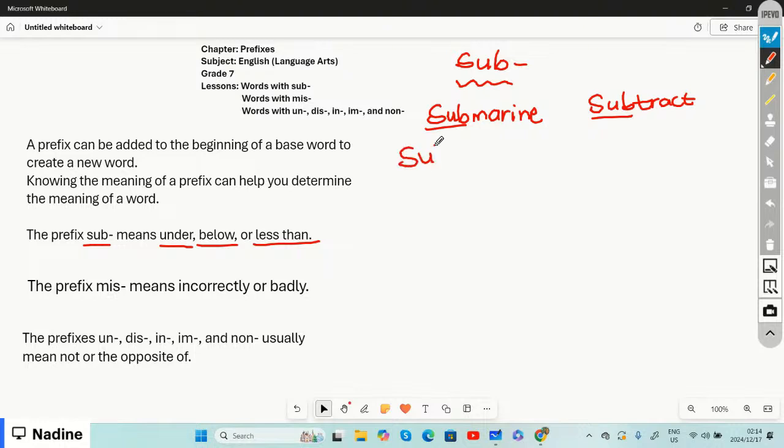Subway, I'll take the subway. It's basically like under a bridge or under something. You are the sub pilot. You're not the main pilot, but you are the sub pilot, maybe.